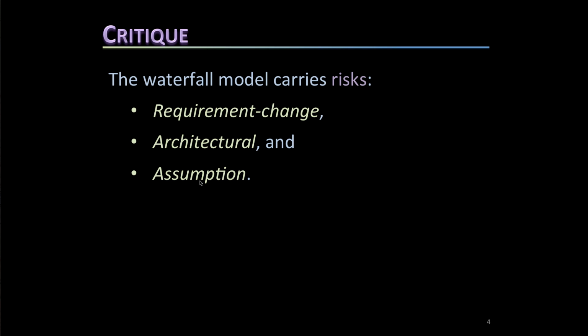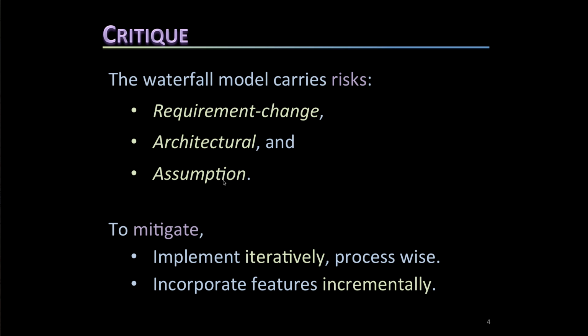Wrong assumptions also arise when we don't really understand what the client wants, right? And we won't find out till we deliver the project to the client. Only then the client will say, oh, that's not what I meant, or that's not what I said, and so on. So because of this, we need to find a way to adapt much more quickly to changes.